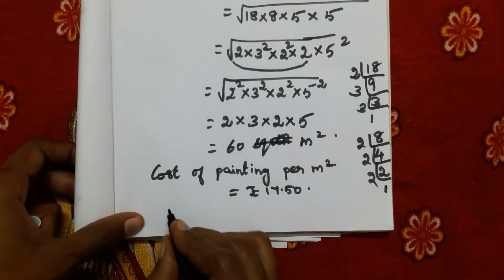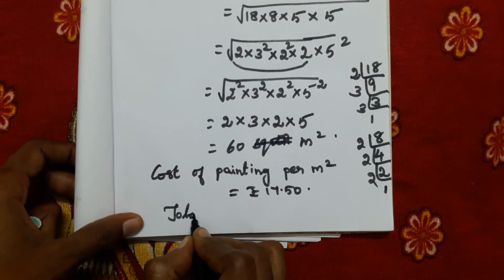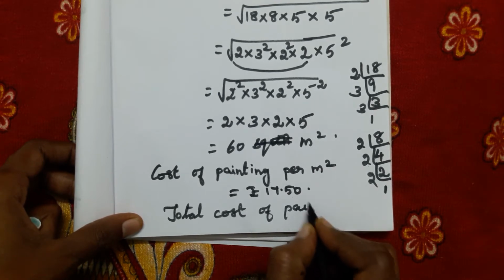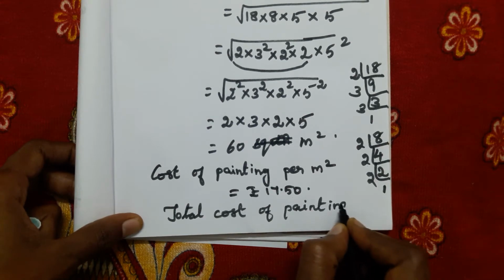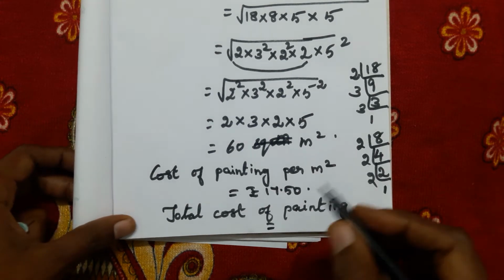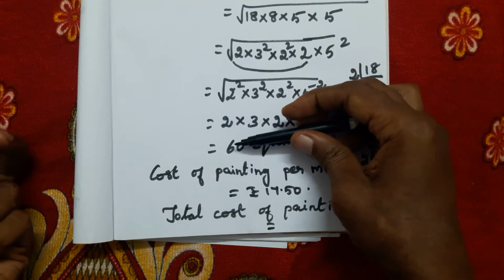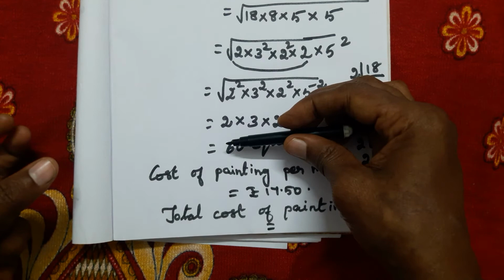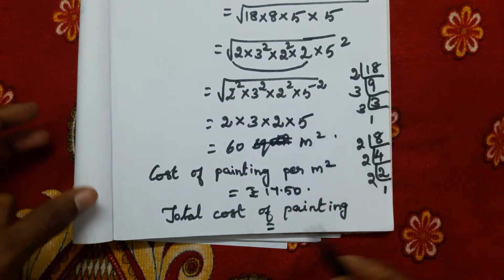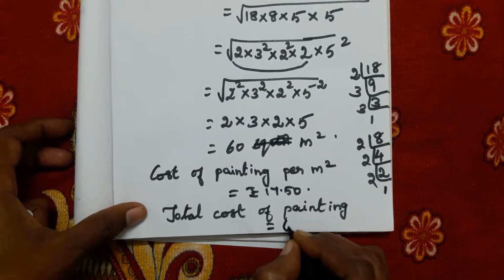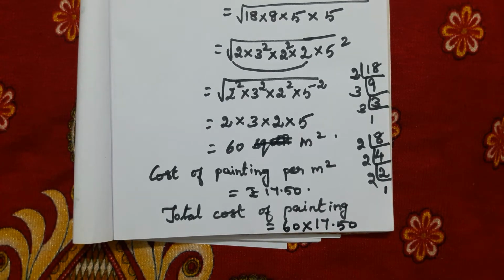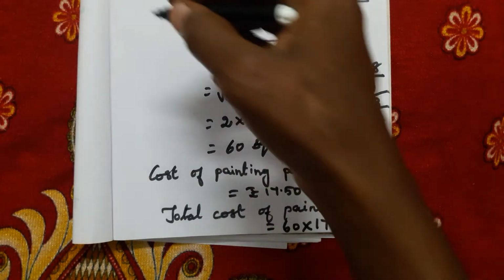Next, total cost of painting is equal to total area into cost of painting per meter square. That is 60 into 17.50. When we are multiplying, what will we get?